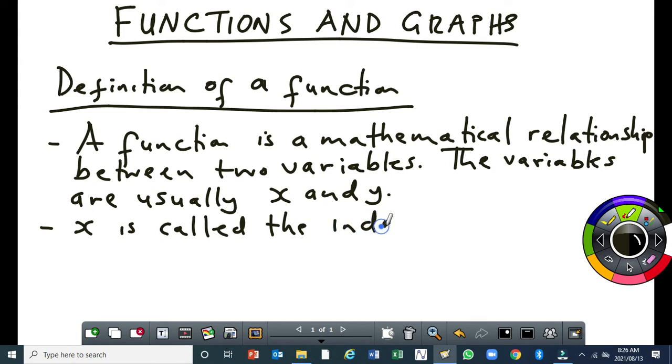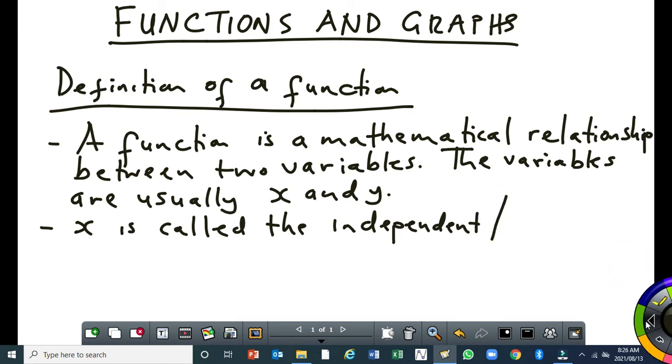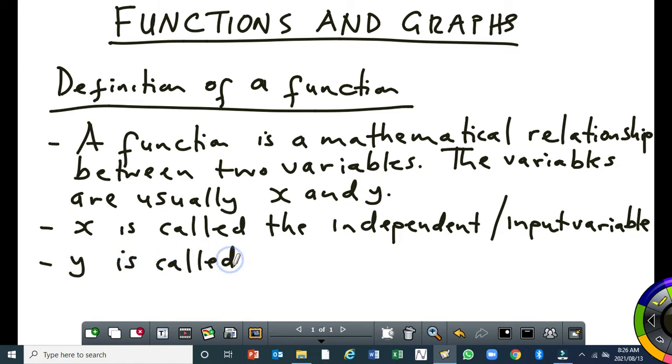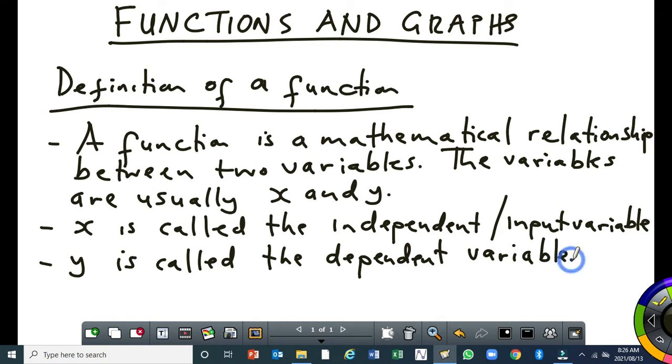Y is called the dependent variable. You can also call it the output.